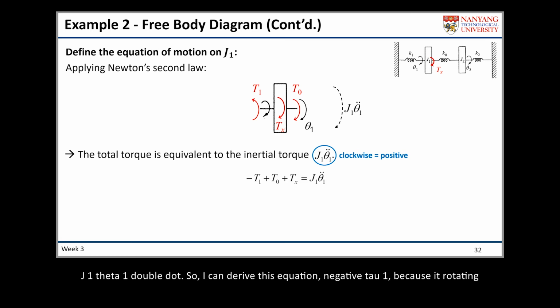So I can derive this equation. Negative tau 1, because it is in the counterclockwise direction, plus tau naught in the clockwise direction, plus tau x in the clockwise direction as well, will be equal to J1 theta 1 double dot, which is also in the clockwise direction.